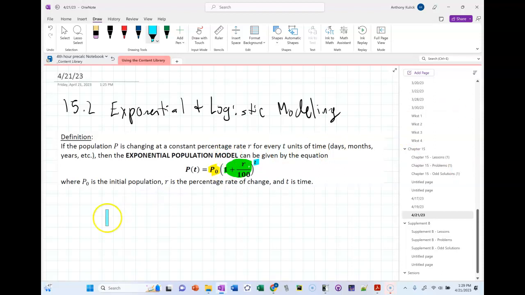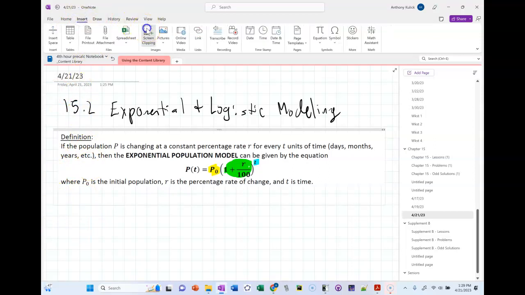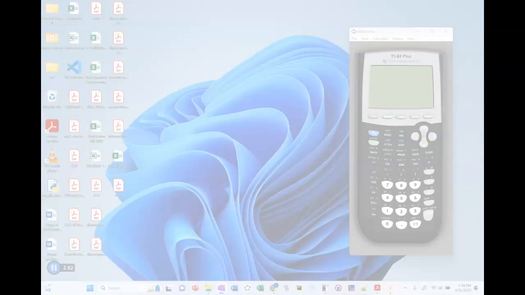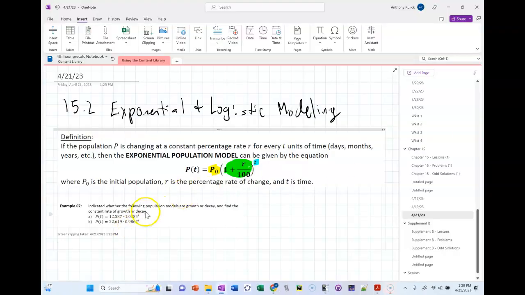So the same rules apply in regard to growth and decay. So let's take a look at some examples here.